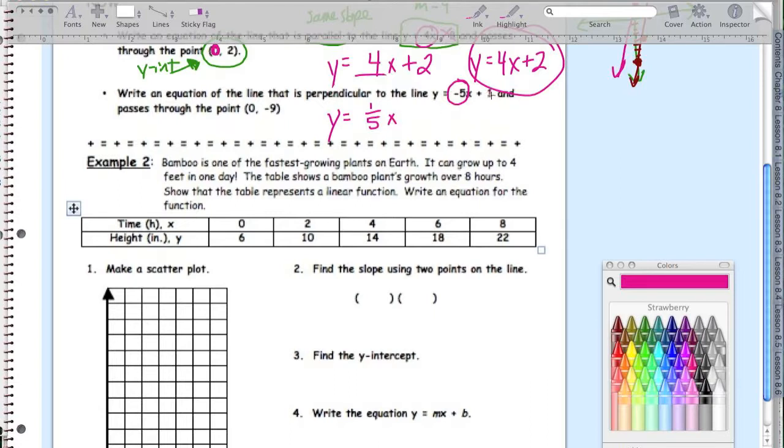Now we don't care about this plus 1 because that's for that equation, so that doesn't really even mean anything to us. Instead, they're telling us it has to pass through this point, 0, -9. That point indicates that it's going to be our new y-intercept. So plus -9, which becomes y equals 1/5 x minus 9. And there you have it. Okay, nice job.